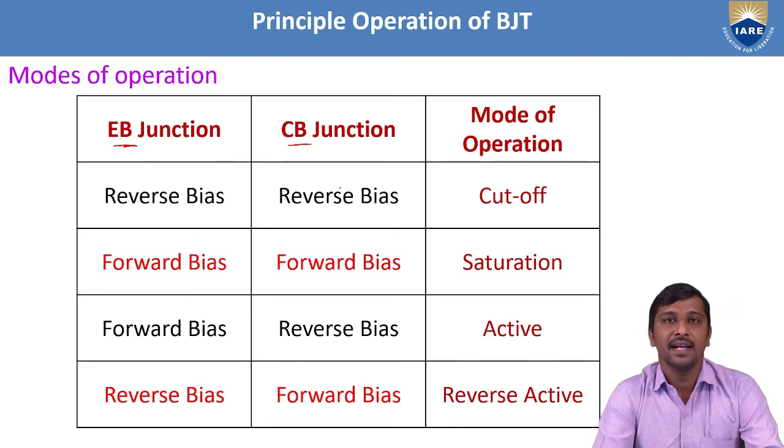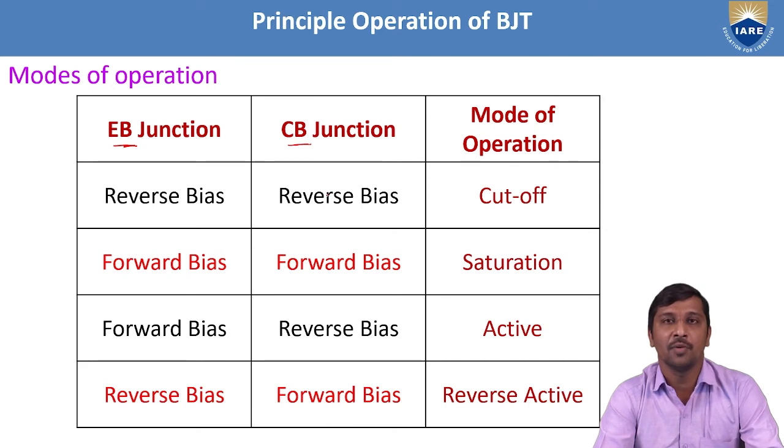We know that biasing means applying an external force to a PN junction. Here also we apply biasing, either forward bias or reverse bias. If you alter these biasing conditions, the operation of the BJT also changes.